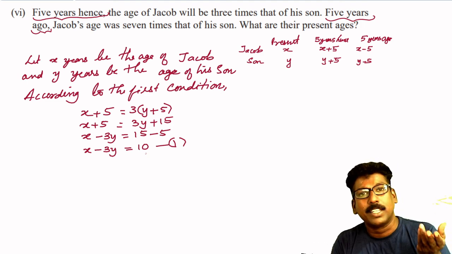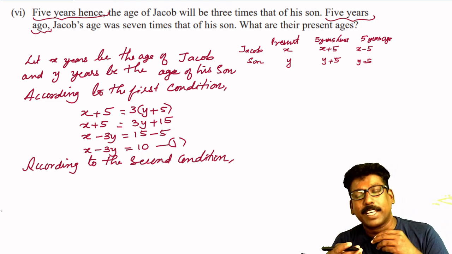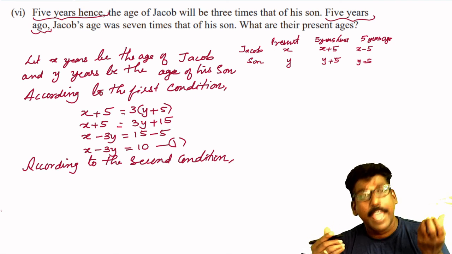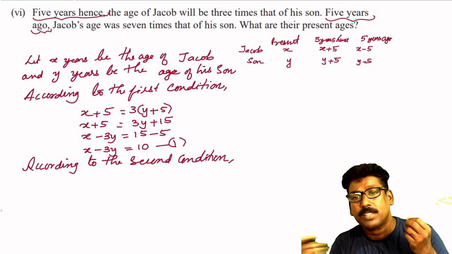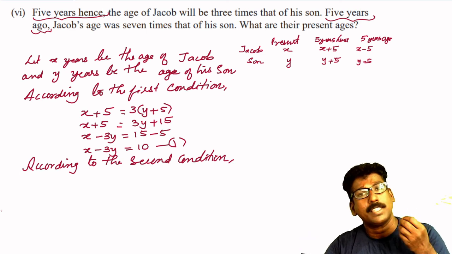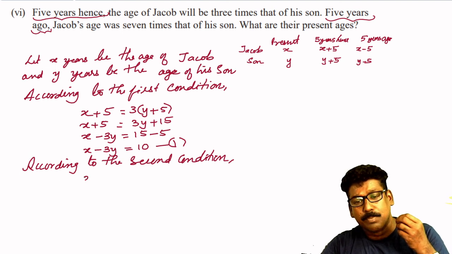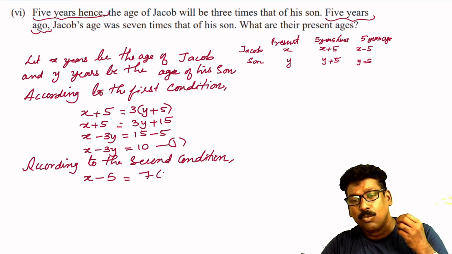Now look at the second condition. According to the second condition, 5 years ago, Jacob's age was 7 times that of his son. So 5 years ago we write Jacob's age as x minus 5, which is equal to 7 times his son's age, that is y minus 5.